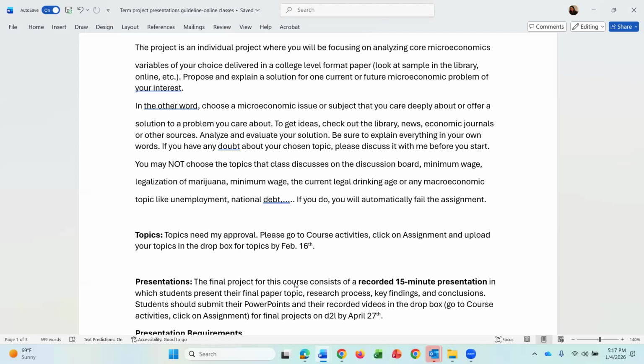So let's say you want to do something about inflation, which is still hot. People are still talking about inflation rate. Still prices are high. So you cannot talk about inflation for the entire United States because that will be macro. But if you look into, let's say, the inflation rate over time in the city of Houston, or let's say you want to compare the inflation rate in Texas with another state like California, or let's say if you want to compare the inflation rate in Houston with Austin, you can do that.